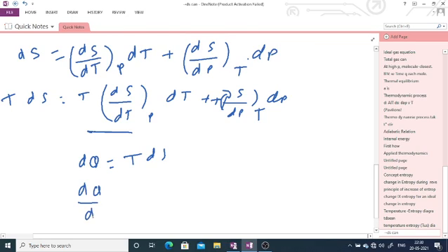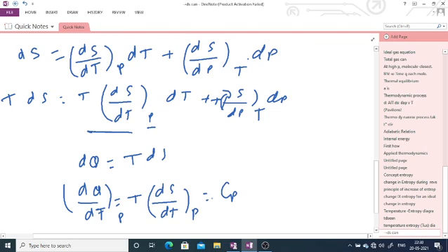Keep in mind that the pressure is constant, so we get dq/dT at constant pressure, which is T dS/dT at constant pressure. Now dq/dT at constant pressure is nothing but Cp, the specific heat at constant pressure.